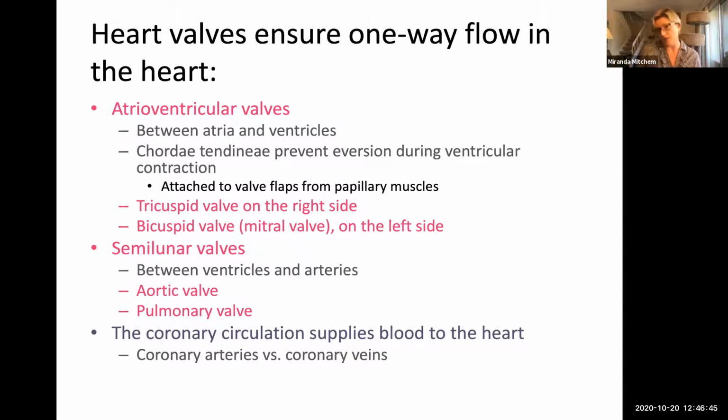So that's what the coronary circuit does: it supplies the heart with the materials that it needs and takes away those metabolic waste products. So we have coronary arteries as well as coronary veins. And many people that have cardiovascular disease have it associated with the coronary vessels.